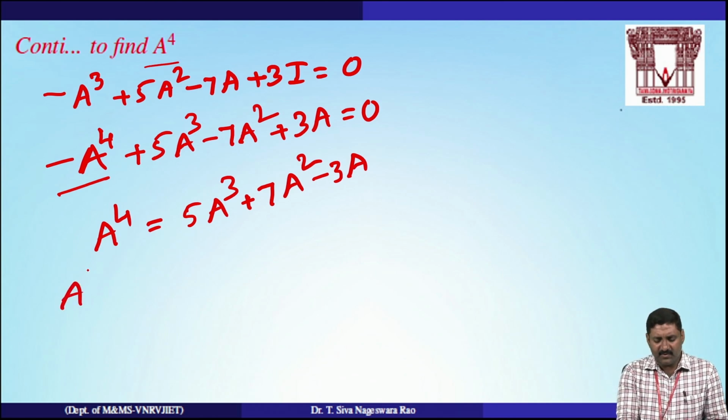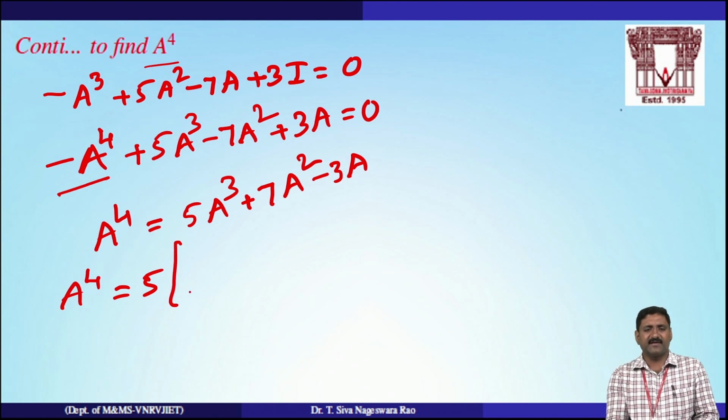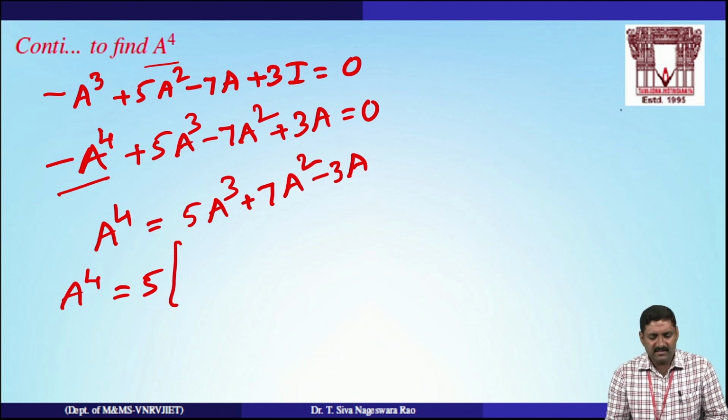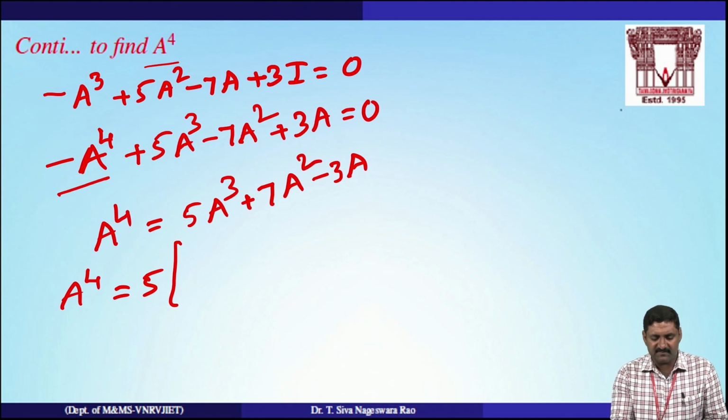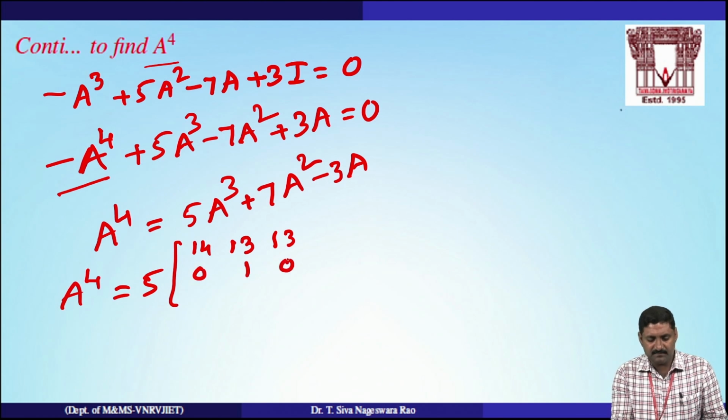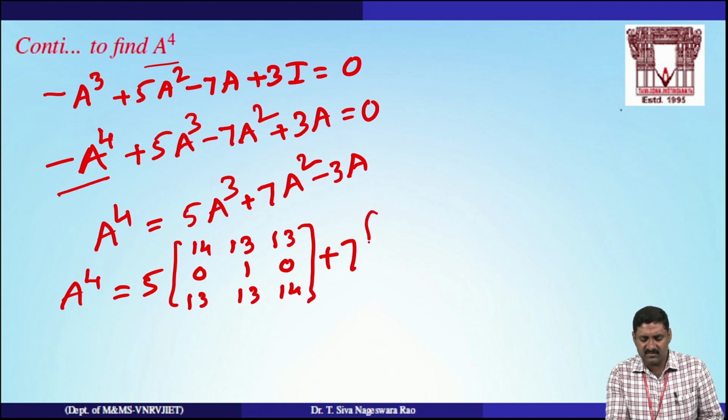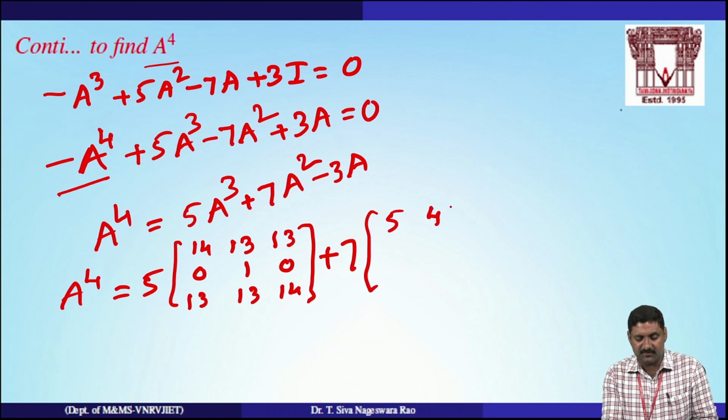Here, A power 4 is equal to 5 multiplied by, anyway, previously we calculated the A cube value. Substitute it here. What is the A cube value we calculated previously? 14, 13, 13, 0, 1, 0, 13, 13, 14. Minus 7 into A square. A square is 5, 4, 4, 0, 1, 0, 4, 4, 5.